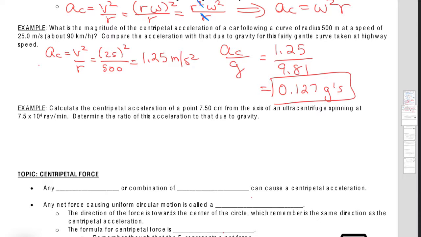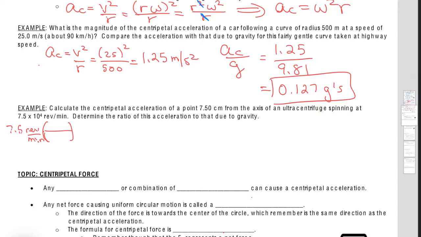The next question says, calculate the centripetal acceleration of a point 7.50 centimeters from the axis of an ultracentrifuge spinning at 7.5 times 10 to the fourth revolutions per minute, and determine the ratio of the acceleration to that due to gravity. Again, there's that very classic second question about comparing it to g. So the first thing we need to do is take this revolutions per minute and turn it into radians per second.